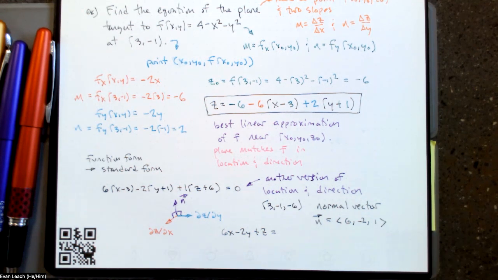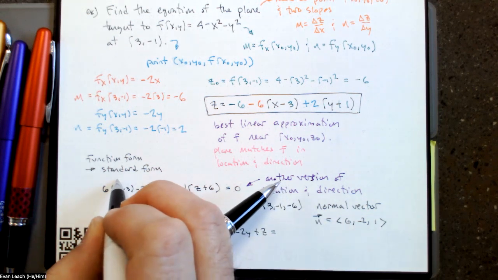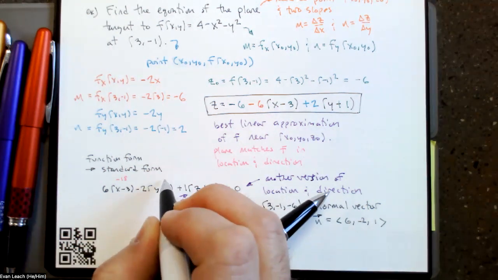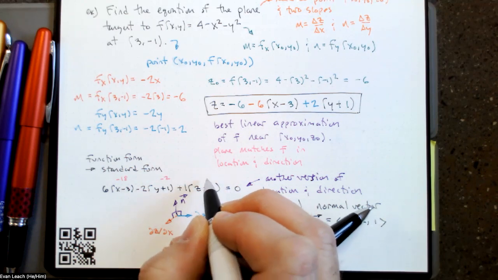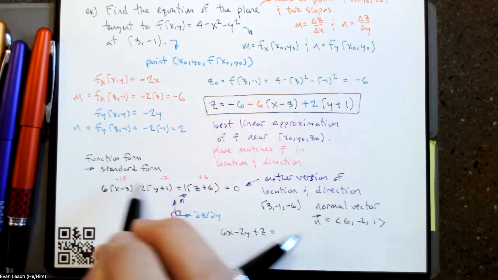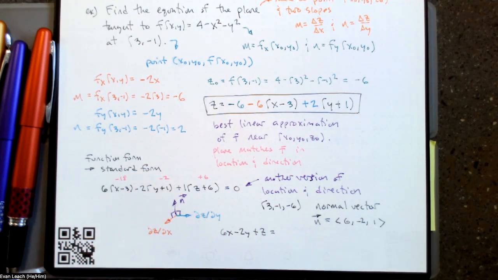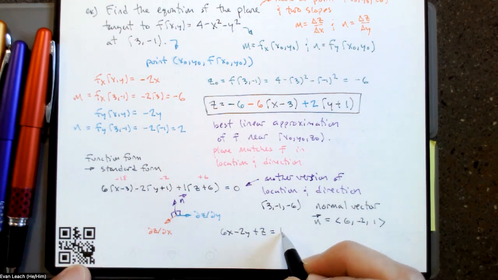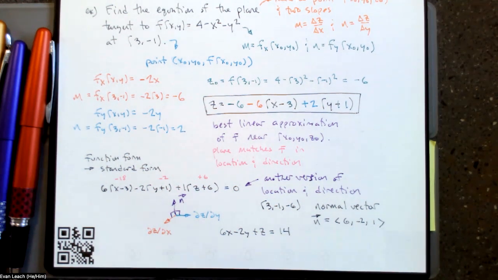That means I have to do arithmetic. Watch out. Negative 18, negative 2, plus 6. So negative 20 plus 6 is negative 14. So that'd be a plus 14 over here. That would be a different form, a different description of the same plane.